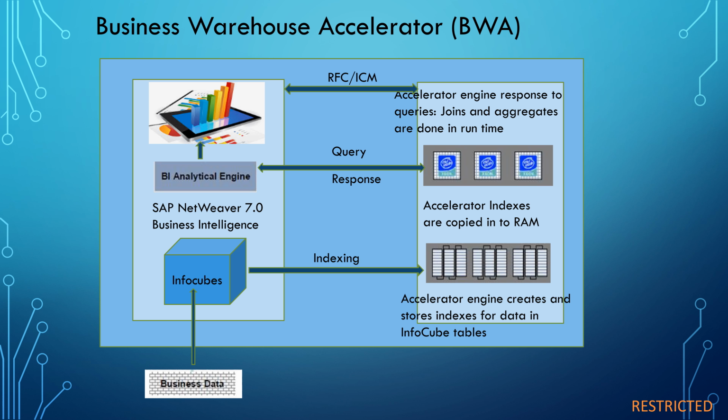So the benefits of BWA are faster query processing and response time, filtering and aggregating large volumes of data in a very short period of time, low maintenance cost. It eliminates the need to create relational aggregates and has high potential scalability. As the demand grows, the system scales up by adding blades.